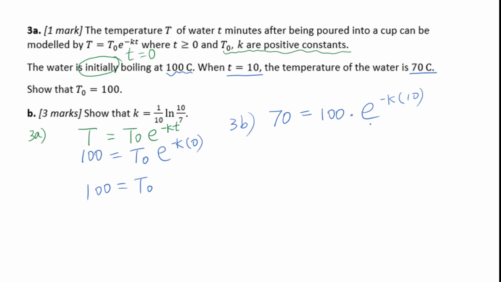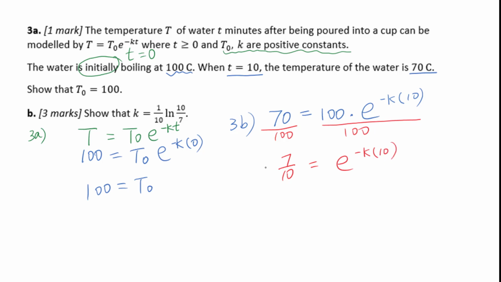We need to solve this exponential equation. Isolate the exponential expression on one side, so we divide both sides by 100. 7 over 10 equals e to the negative k times 10.